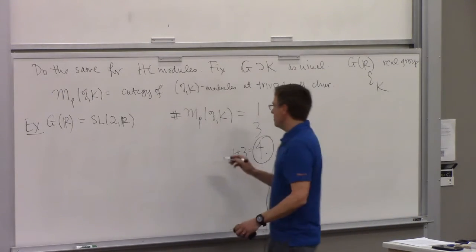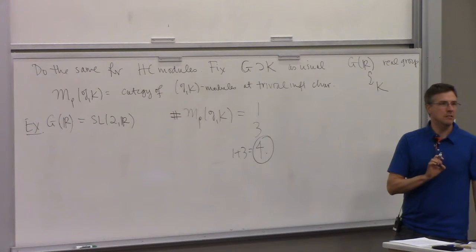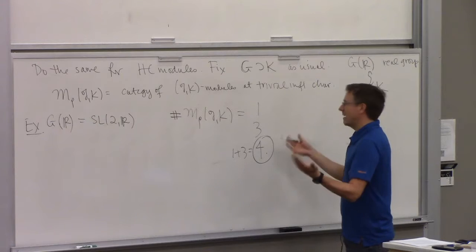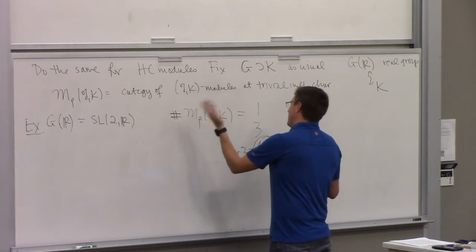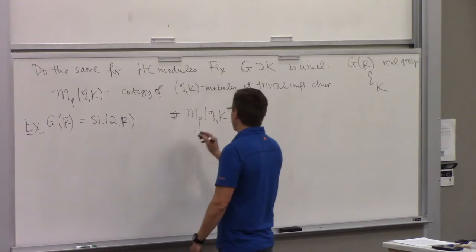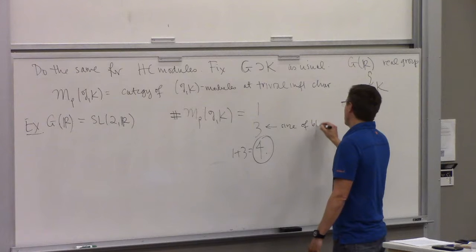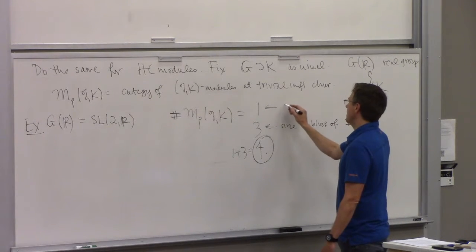So just to remind you, the reason Mark guessed 3 is he was thinking that it was the block of the trivial. Okay, so at this moment I'll make a comment about that, but at this moment we don't need to. So this is the size of the block of the trivial, and this is the size of the other block.